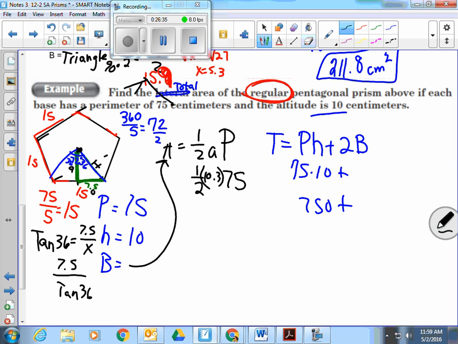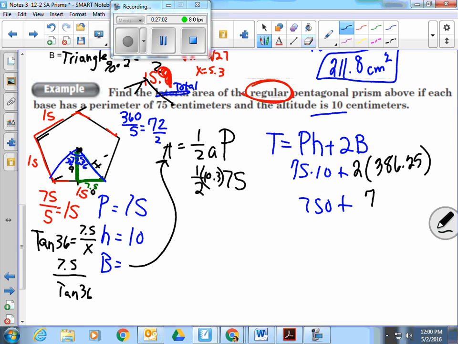So 1/2 times 10.3 times 75 gives you what? Is it like 386 or something? 386.25. And you're going to multiply that by 2.